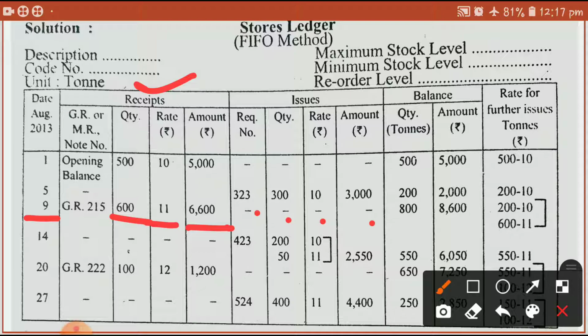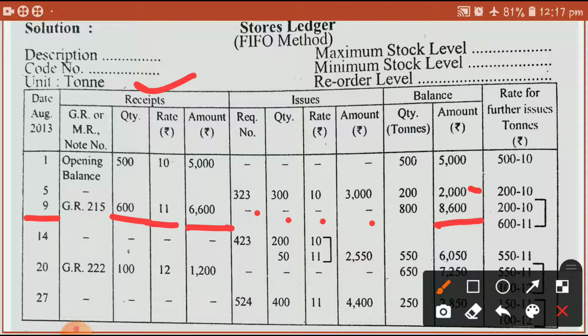So now our stock has increased. We have 200 units of previous balance, that is, till 5th we have a balance of 2000, and on 9th we have 6600 more, so our total is 8600. You have to add the current receipt to the previous balance to make the total quantity of stock.